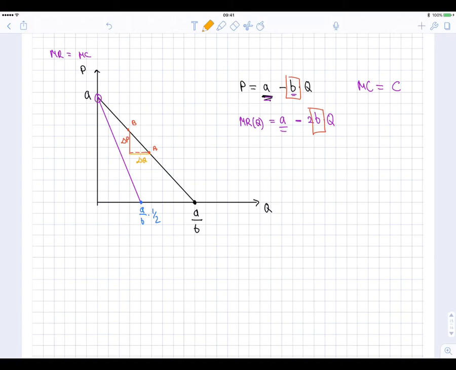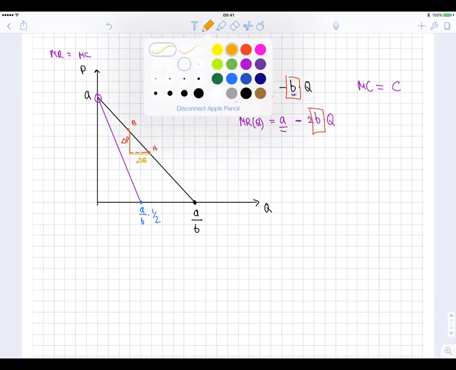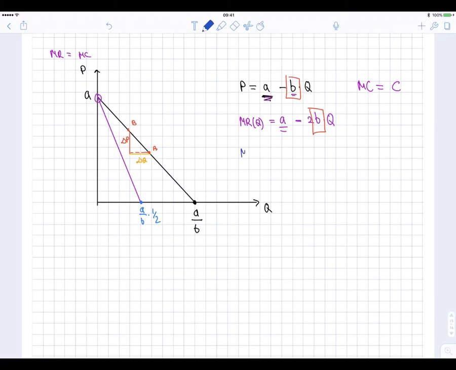It's going to be the ratio between delta P over delta Q, always. So in other words, instead of writing marginal revenue as a function of Q, which is equal to A minus 2BQ, I could instead write delta P over delta Q. Agree?